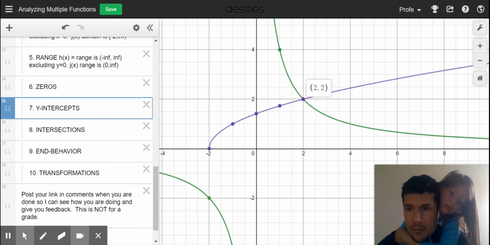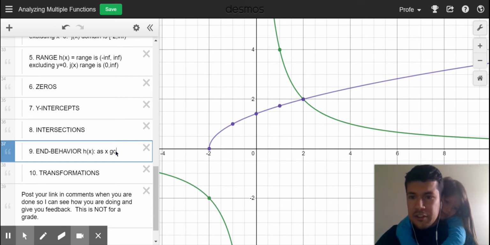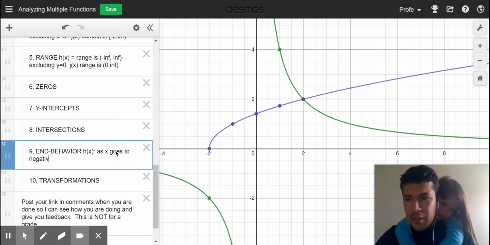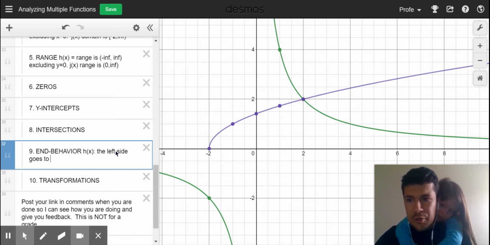End behavior, all right, the end behavior should actually be written like this. For h of x, which is the rational function, as x goes to negative infinity, or I'm thinking math 3. The left side goes to 0.